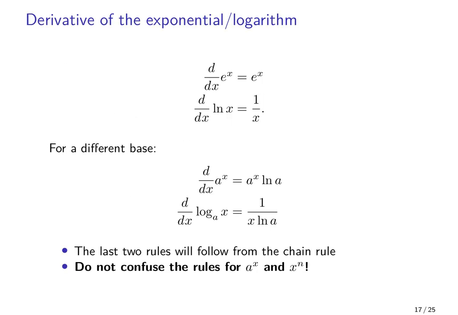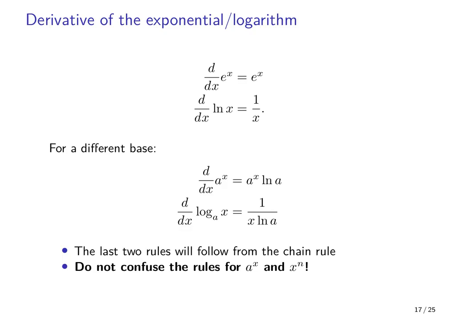Now, a few more simple functions that we've encountered, whose derivative we can compute. Exponential, d dx of e to the power x, that's just the exponential again. Derivative of the natural logarithm, ln of x, is 1 over x. Very important rules, so make sure you remember these off the top of your head.